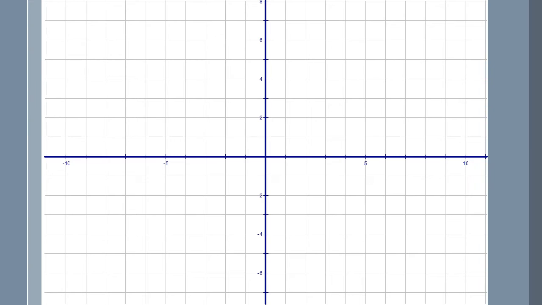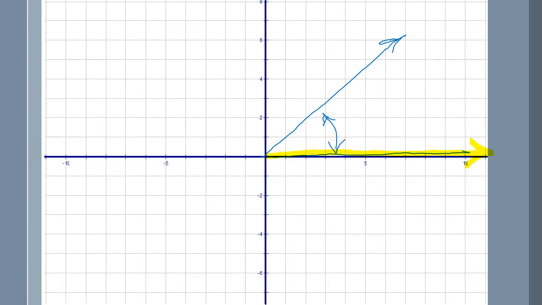So let's say that I have a vector that comes from here and it just travels like so. This angle here, we would measure the angles relative to this direction. So it always starts here going in this direction.